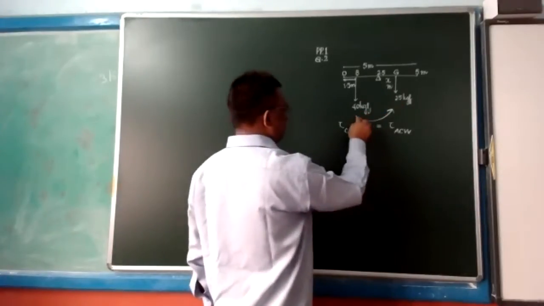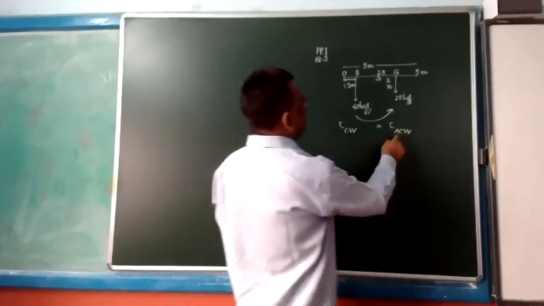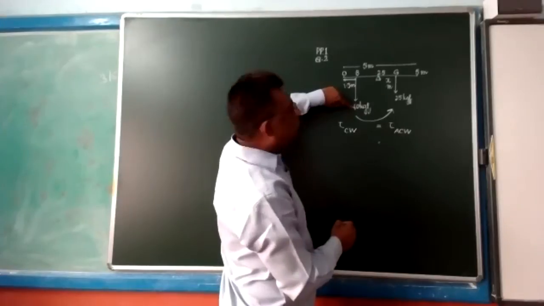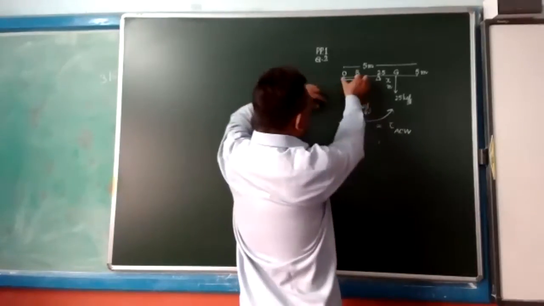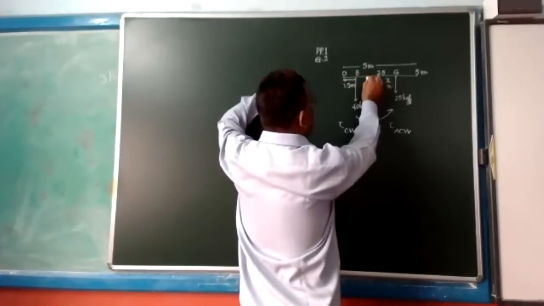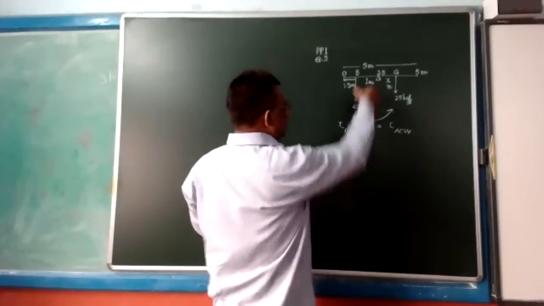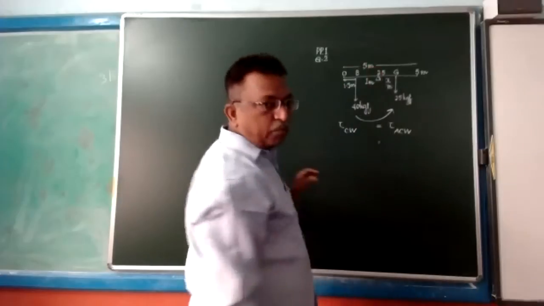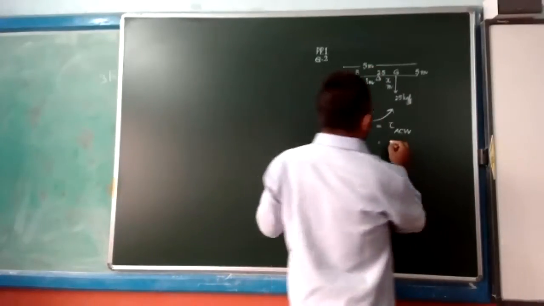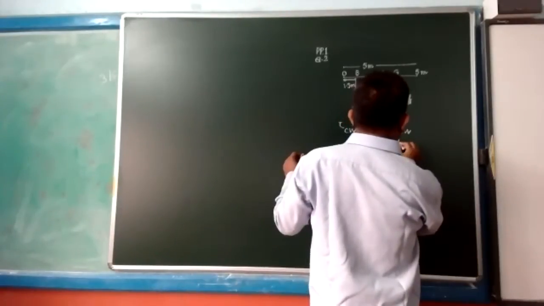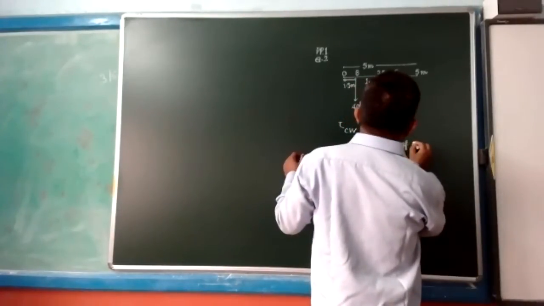This is the anti-clockwise. What is the anti-clockwise moment of force? Force into perpendicular distance, and this distance is 1.5, so this distance will be 1 meter. So 40 kg into 1 meter.